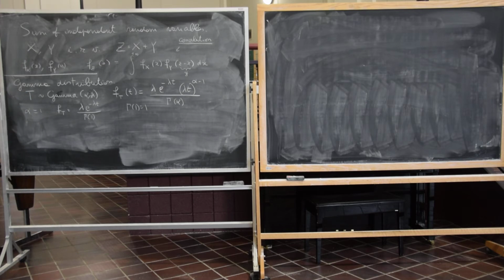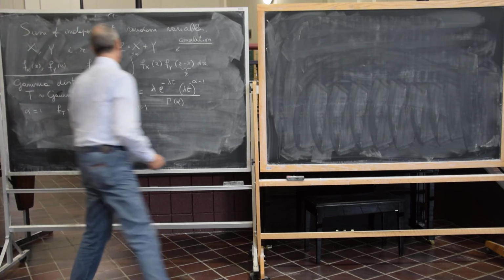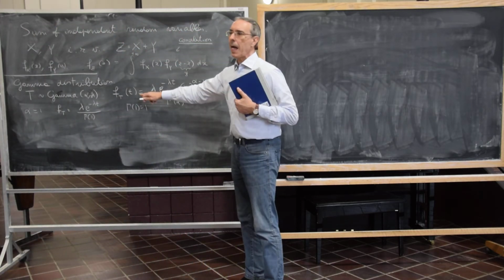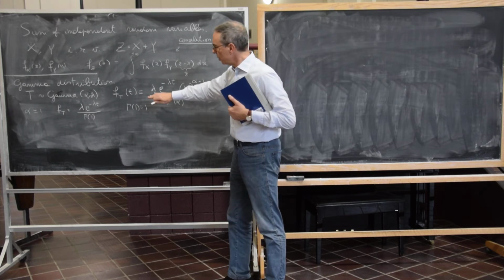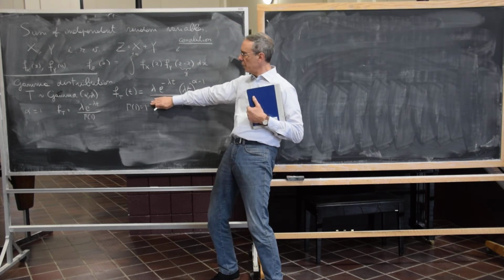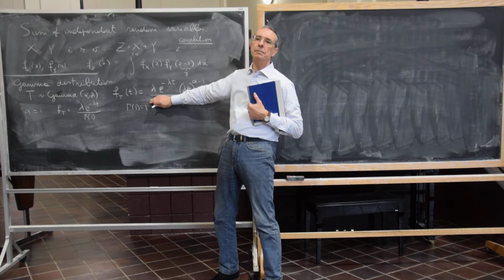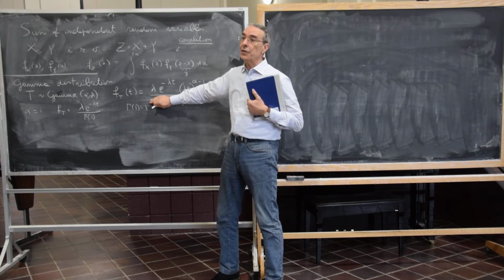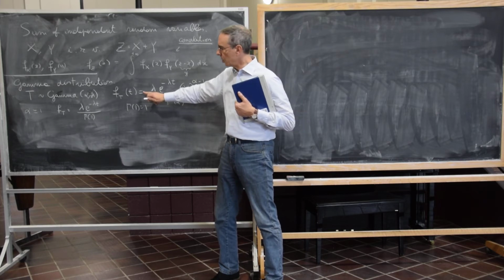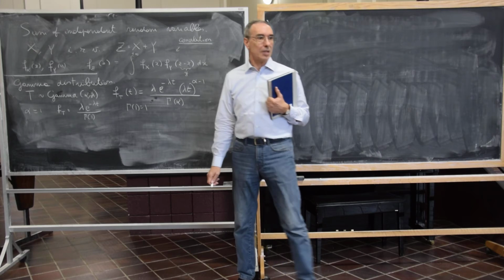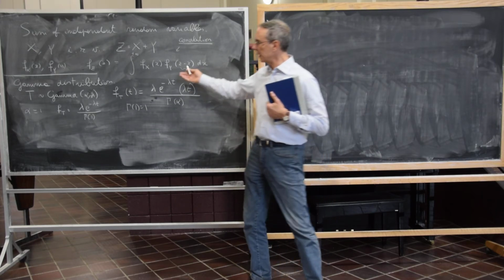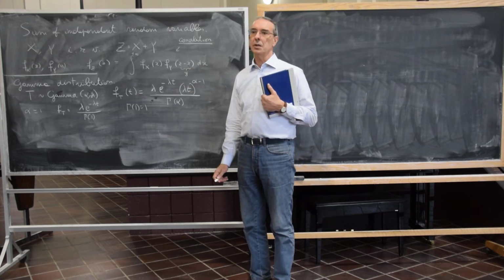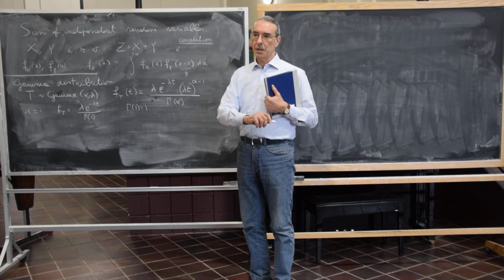What is the gamma function? Suppose you say, I want to have a probability which is proportional to the quantity that I have in the numerator. This means that the integral of this object has to be 1. So there is a constant c, and the constant c is the inverse of the integral of the numerator from 0 to plus infinity.